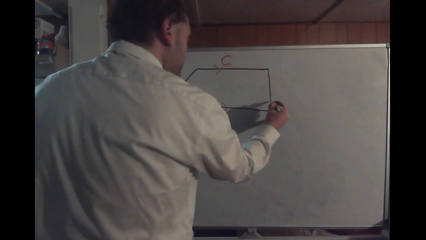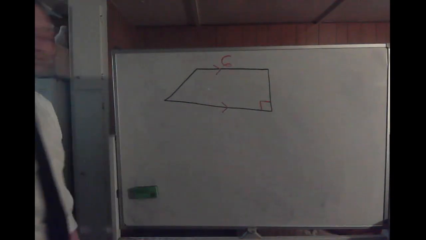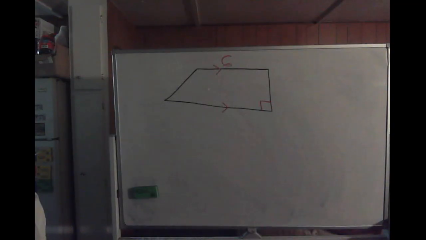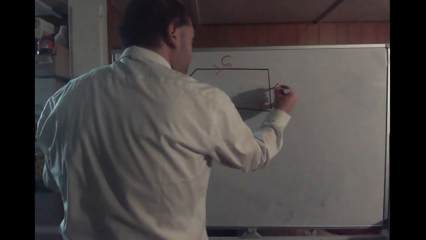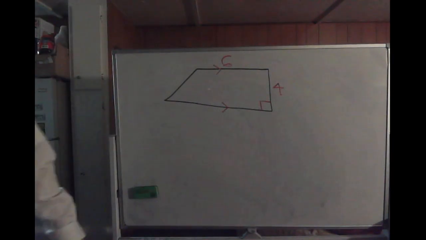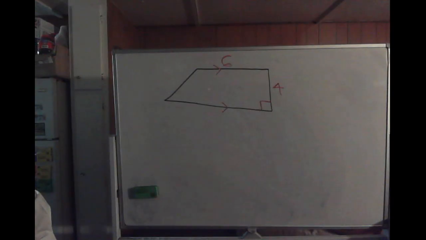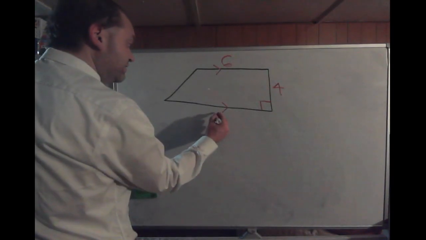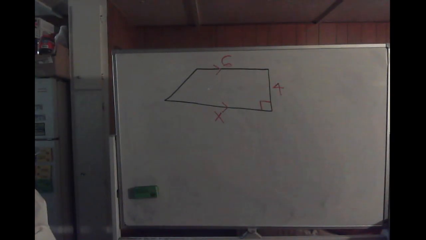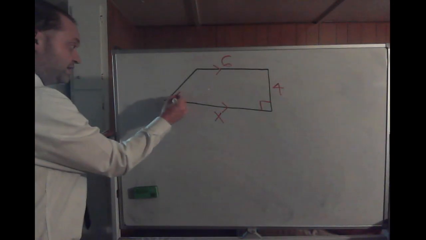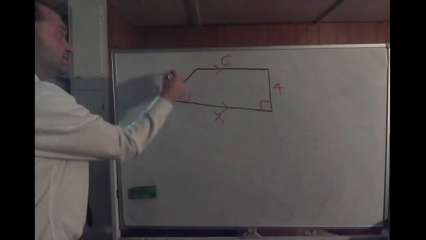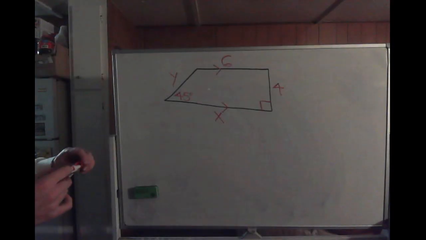We have a right angle here. This has a length of 4. Alright, this whole side has a length of x. This is 45 degrees here. This has a length of y. So we have a fun one.